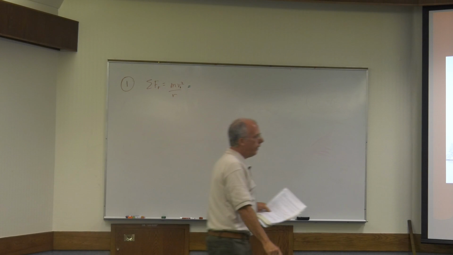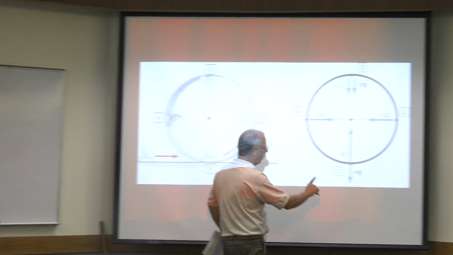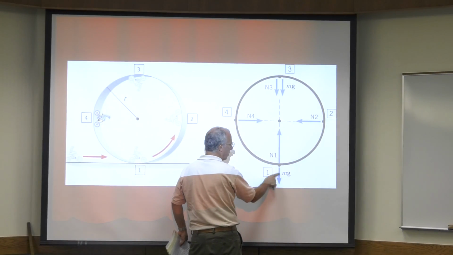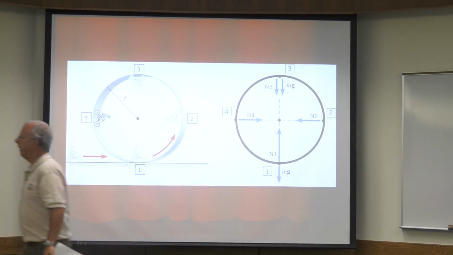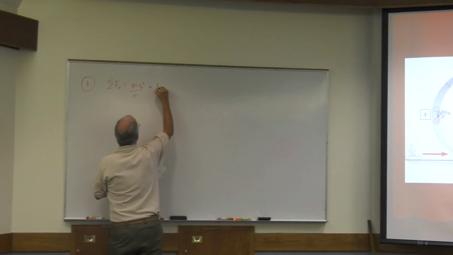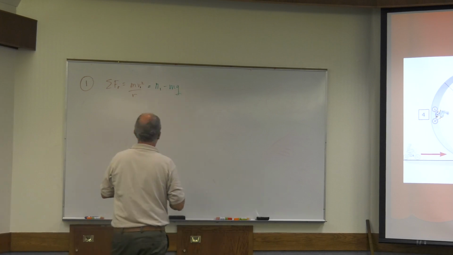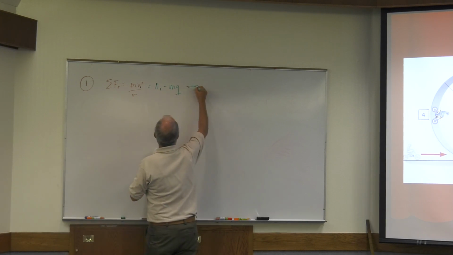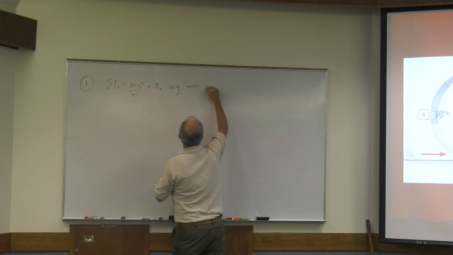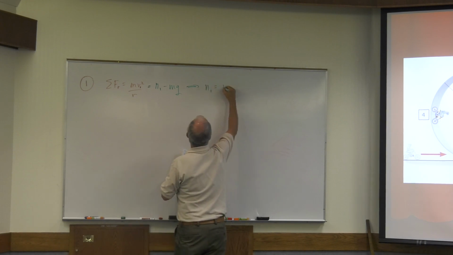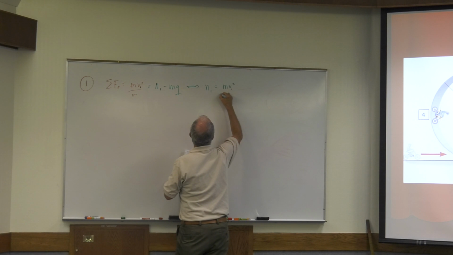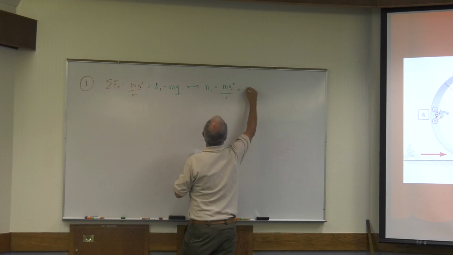What are the radial forces at 1? This points towards the center, so it's positive. This points away from the center, it's negative. So I have N1 minus mg. Okay, so therefore, I can solve for N1 if I feel like it, which I do. So N1 equals mv1 squared over r plus mg.